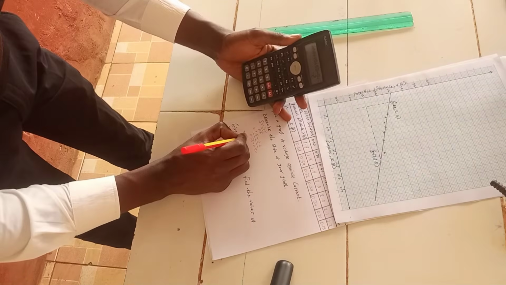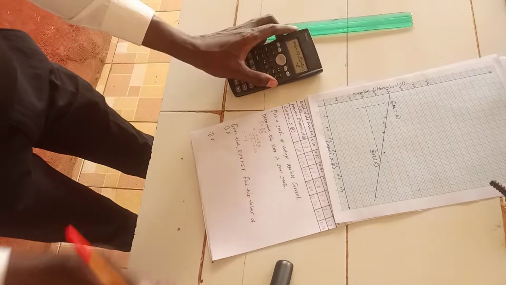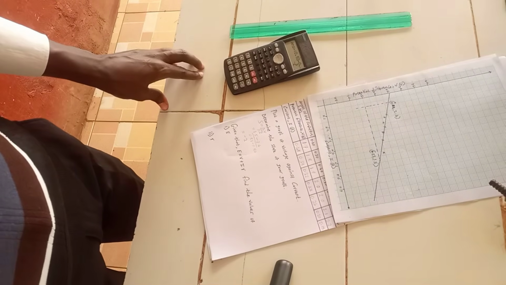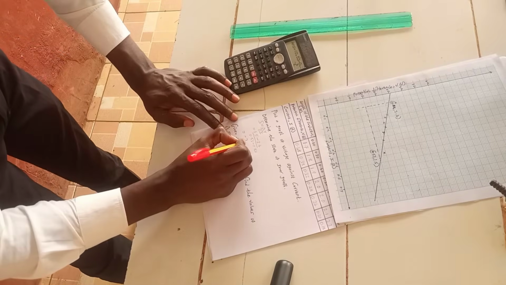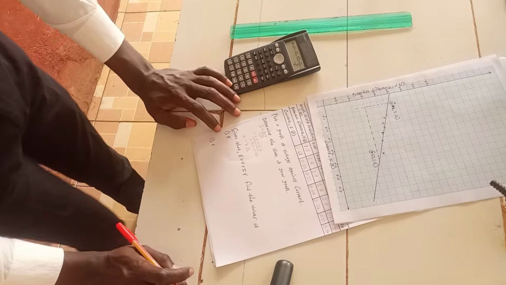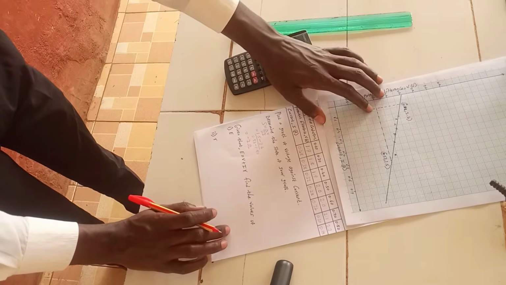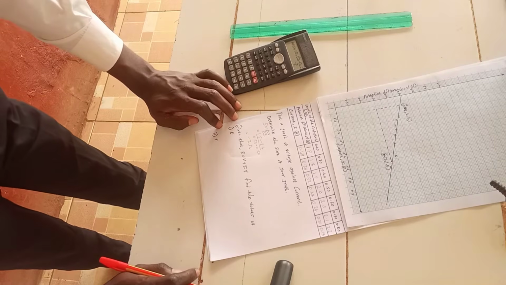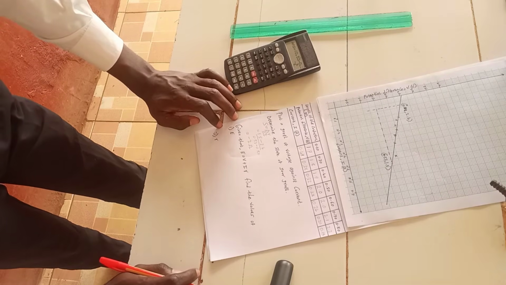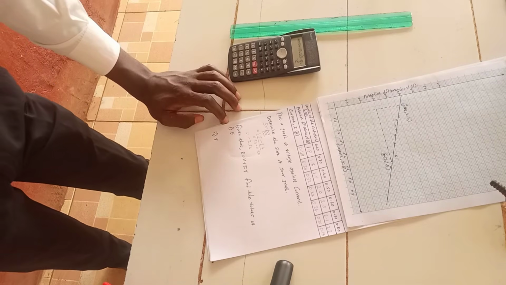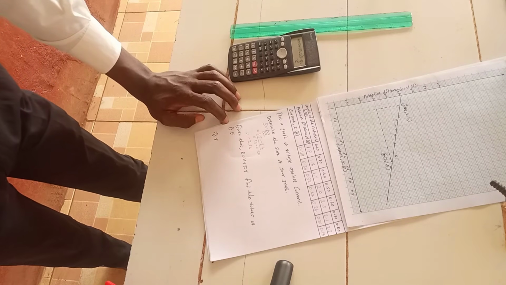This gives us negative 2. And because we are dividing voltage by current, that value is in terms of ohm, because it is voltage over current. Then you are told, given that EMF equals V plus IR, find the values of EMF and the value of internal resistance.